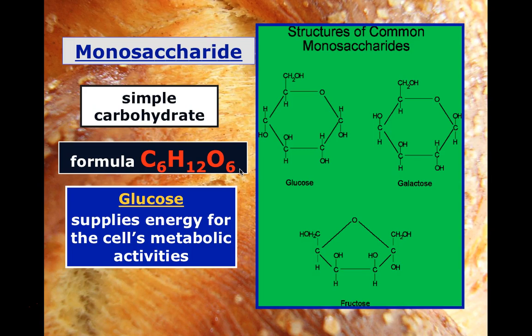So the monosaccharides are the monomers of carbohydrates. The three most common examples of monosaccharides are glucose, galactose, and fructose. Notice that they all have similar structure, but they are different. The amount of carbon and hydrogen and oxygen is all the same. It's where the elements are arranged that makes them structurally different from each other.